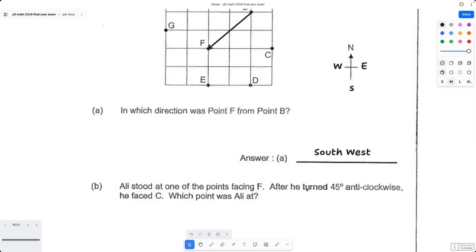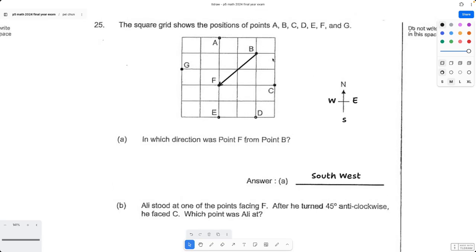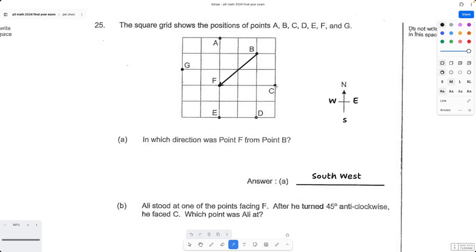Then Ali stood at one of the points facing F. After he turned 45 degrees anti-clockwise, he faced C. So Ali was on a point facing F, anti-clockwise of 45 degrees. So this way. Basically F anti-clockwise of 45, so it should be D, right?